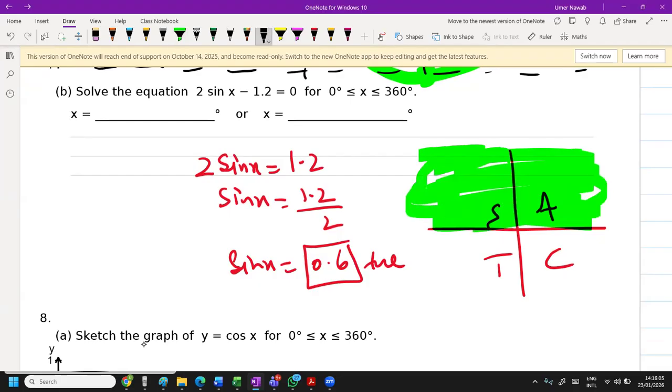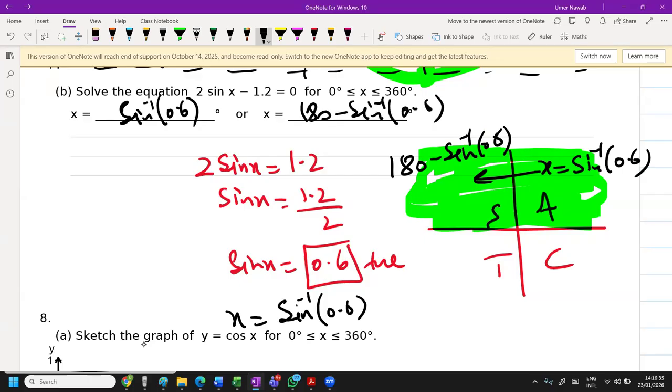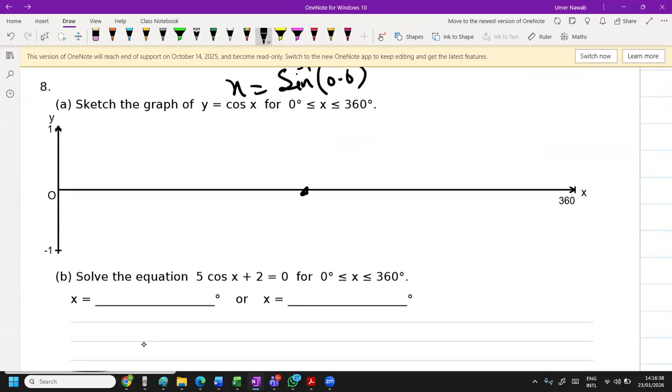My reference angle x is inverse sine of 0.6. To transfer angle x into the second quadrant, the formula is 180 minus inverse sine of 0.6. I want to save time, that's why I'm copying the exact answers.